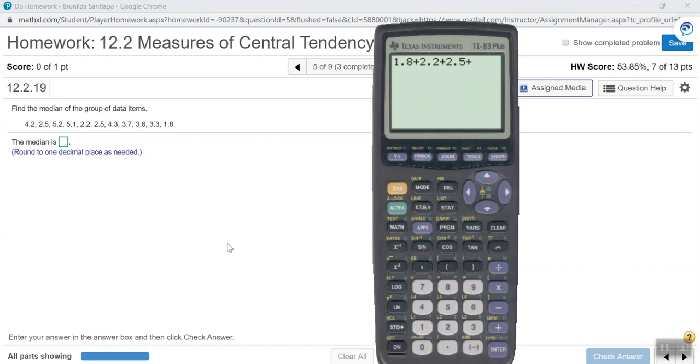Then the fourth one after 2.5. Oh, we have two items that are 2.5, so you have to enter them both, one after the other, 2.5. Then, will it be 4.2? No, it will be 3.3 that is the next one, 3.3.